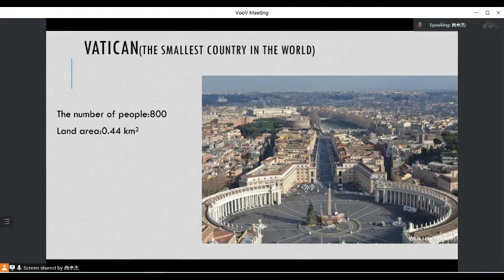Its population is 800. That is, the total population of the country is 800. So after such a comparison, do you have an intuitive impression that China's population is a very large number?